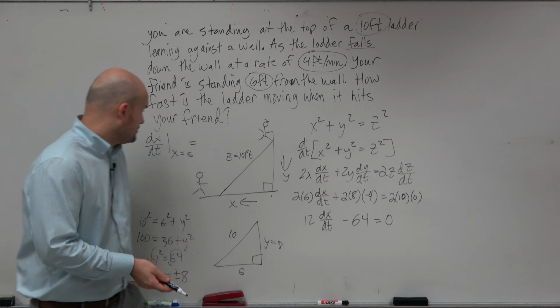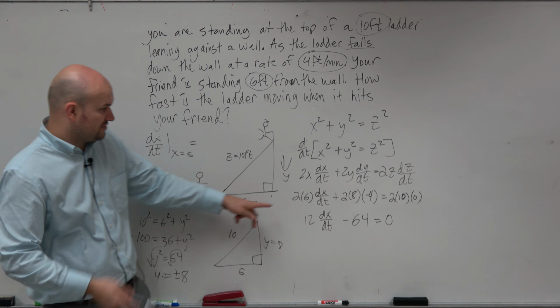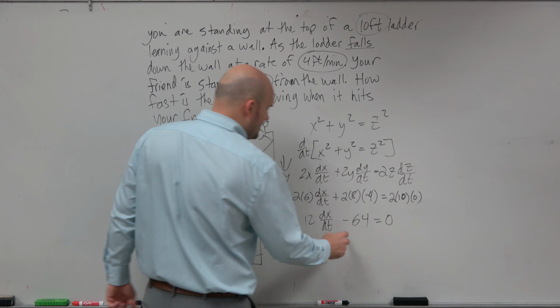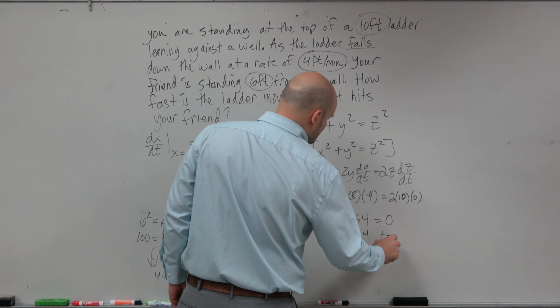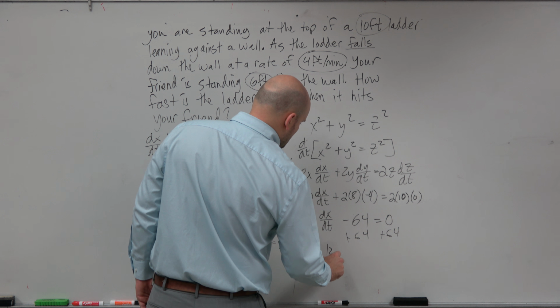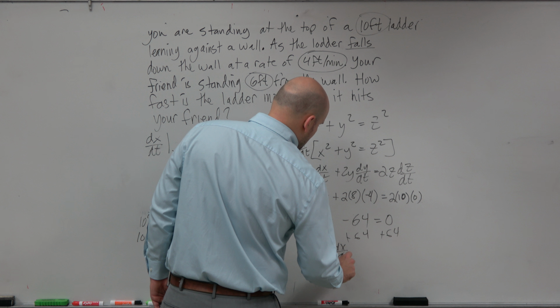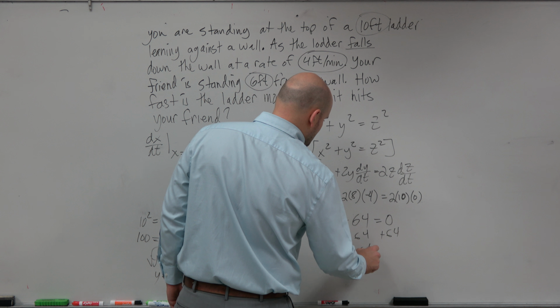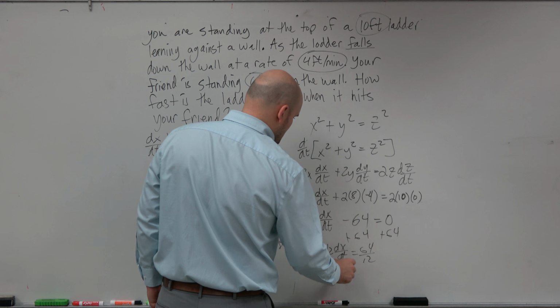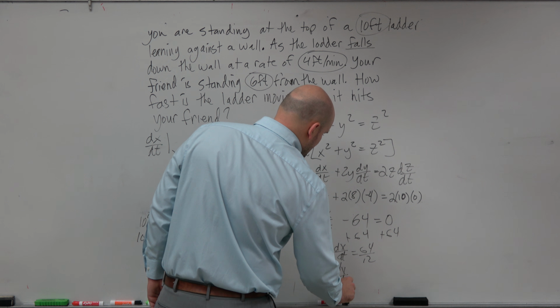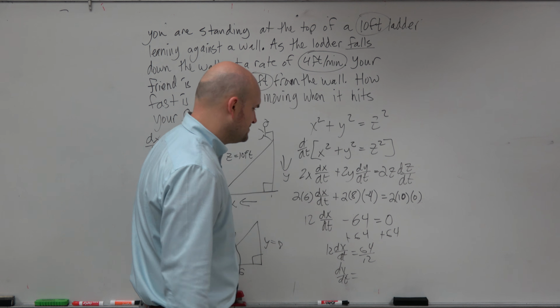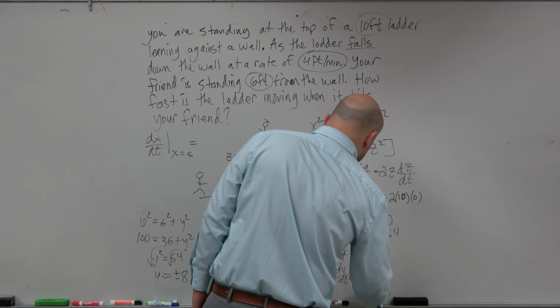Obviously, we're just trying to find dx/dt at x equals 6, which I've already plugged in. So then I'll just add 64. 12 dx/dt equals 64, so dx/dt is equal to 64 over 12, which is 16 over 3.